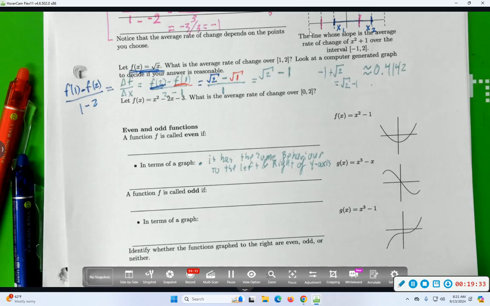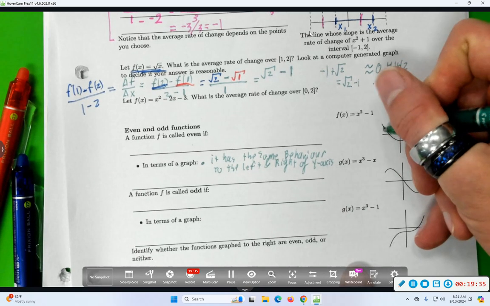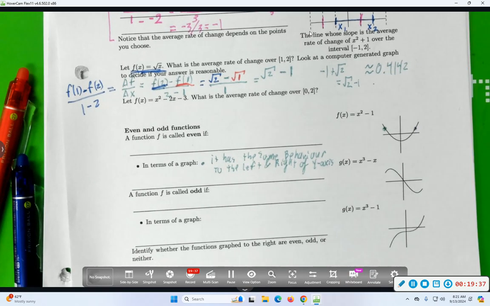So this comes down to thinking about what it means to do the same thing on either side of the y-axis. Like those two green dots, the fact that they have the same y value is what tells you that this thing is even. How do the x values of those green dots compare?